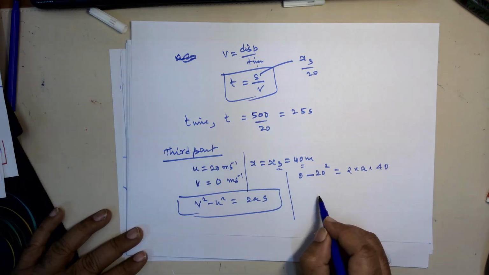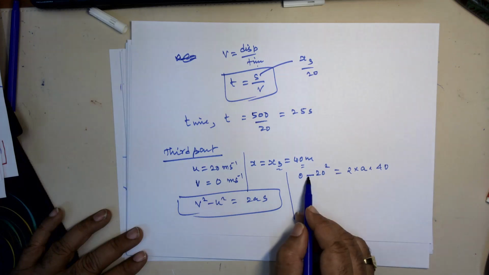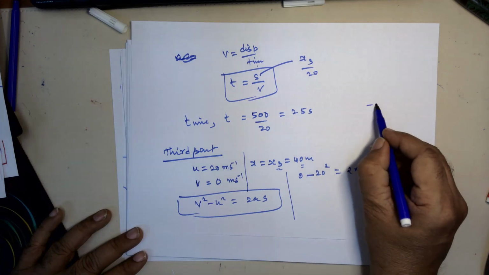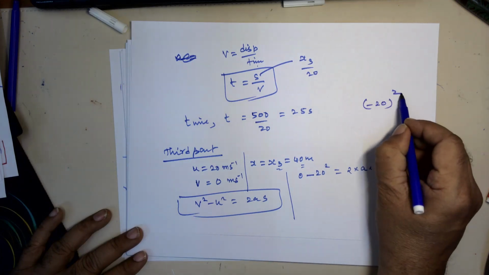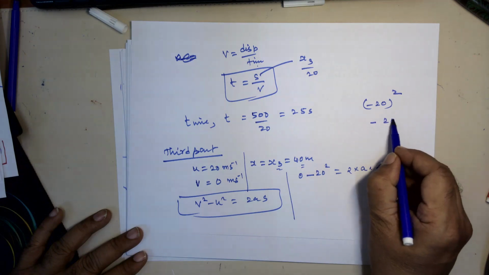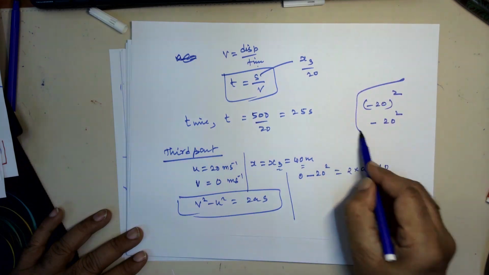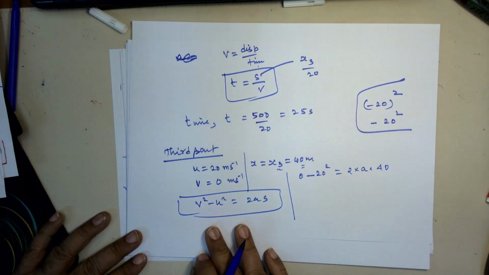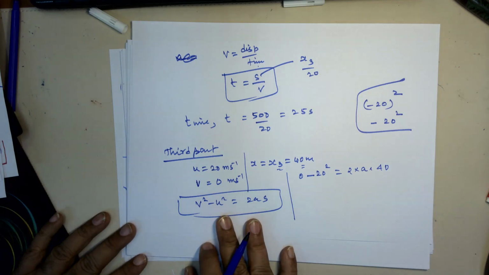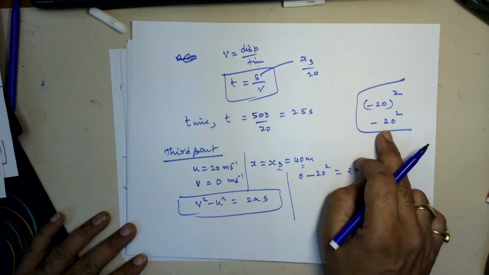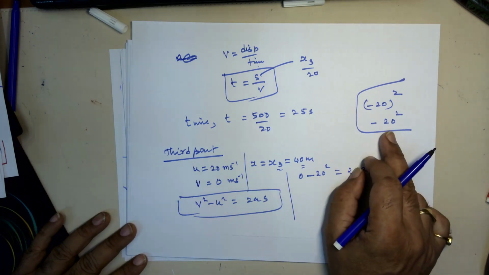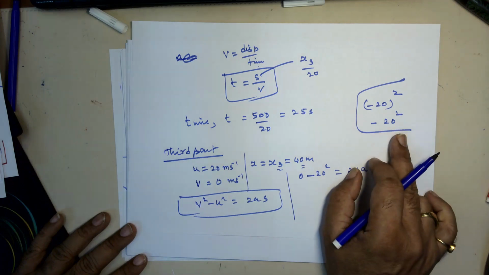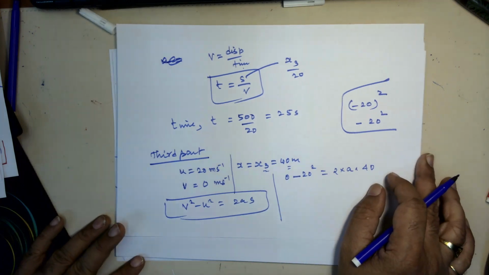Now listen to me, don't mistake that minus 20 the whole squared is different from minus 20 squared. Do you understand this? Minus 20 whole squared is plus 400, but here it is minus 20 squared, which is minus 400.